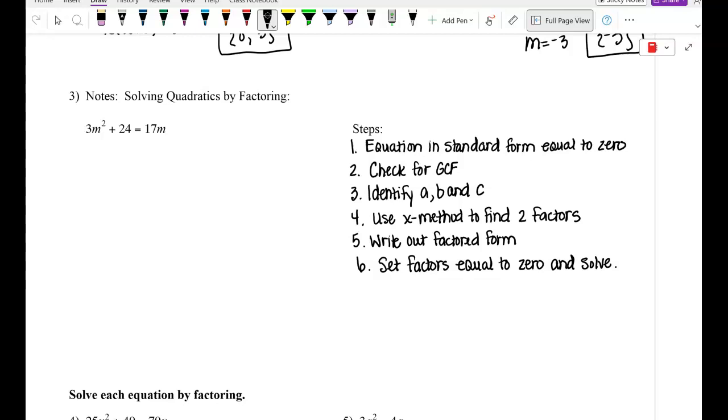So we're going to go with the example 3m squared plus 24 equals 17m. So I need to move that 17m over. So I have 3m squared minus 17m plus 24 equals 0.